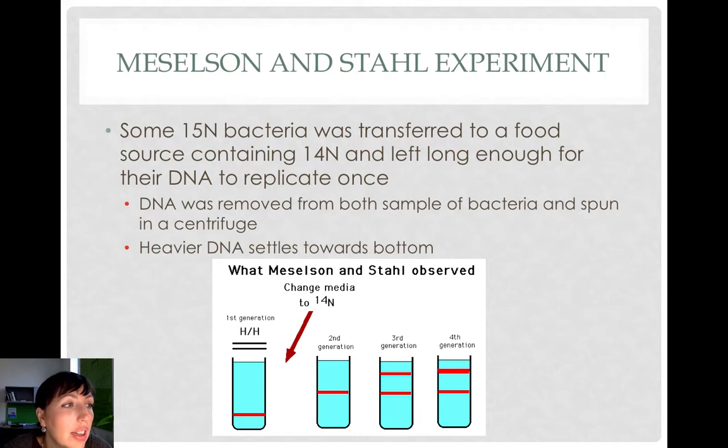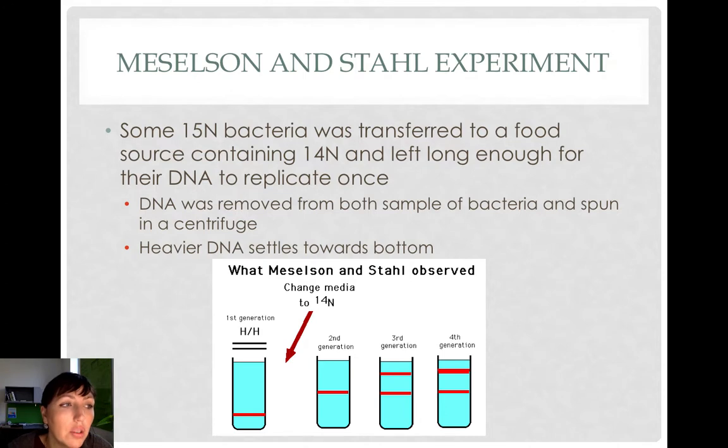Then they shifted the bacteria, which now contained 15 nitrogen, to a 14 nitrogen medium. The DNA was isolated at different times corresponding to the replication cycles 0, 1, and 2. After one replication cycle, the DNA was all of intermediate density.